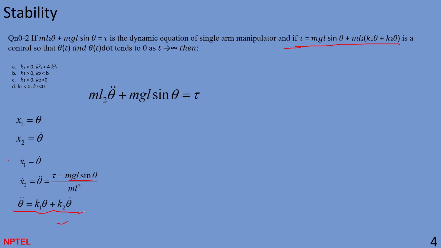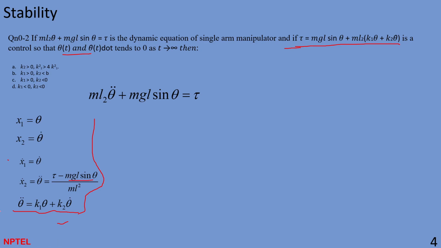Based on this, you need to tell us what theta will be. They are telling us that both of them will tend to 0 when t equals infinity.